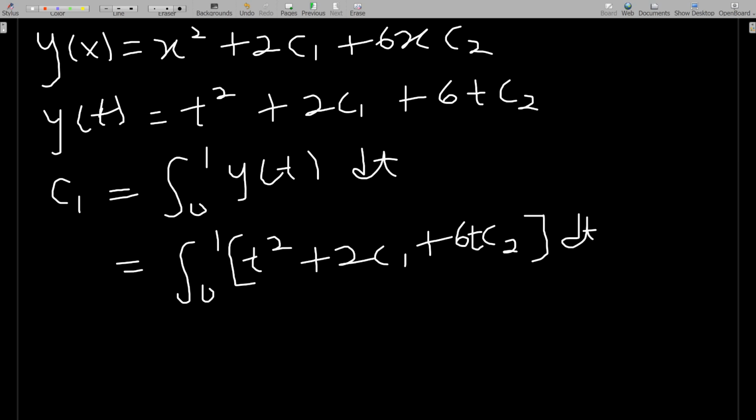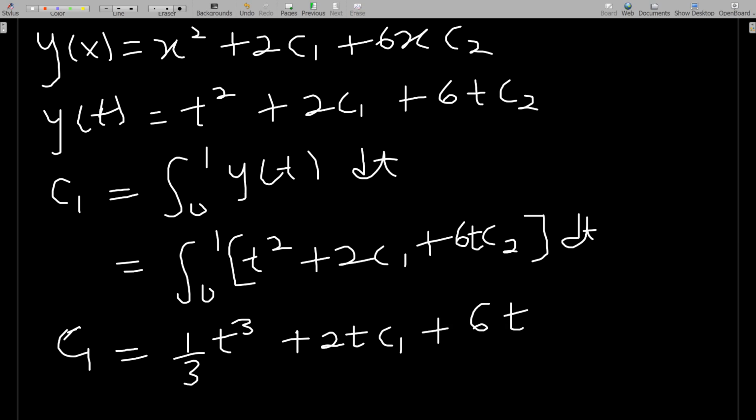So my c1 will simply be equal to integrating this. I'll integrate t squared with respect to t, I'll have one over 3 t cubed plus 2t c1, because 2c1 is just a constant, so I integrate a constant and get 2t c1, then plus 6t squared over 2 c2. Dividing by 2, I'll get 3t squared.